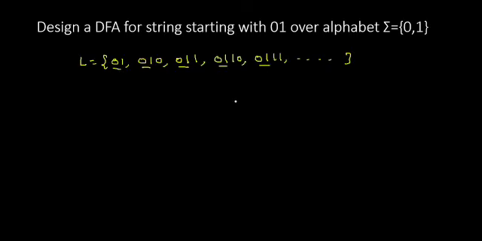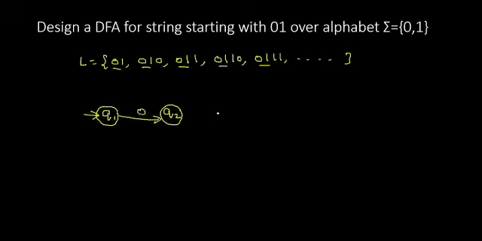Now, the way of designing this diagram. How to design this diagram? Let us assume there is a state called Q1 and that state is going to be the initial state. So, in Q1, when I apply the first valid input, 0, I move to a state called Q2.